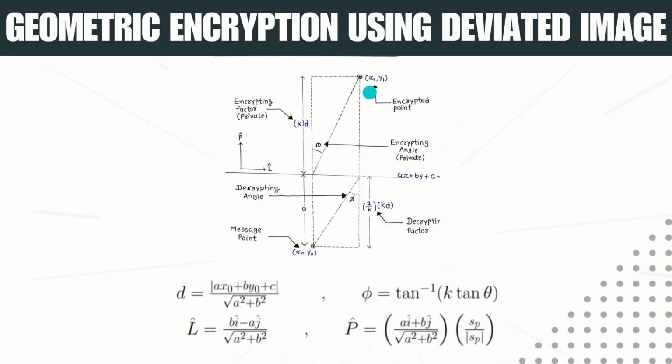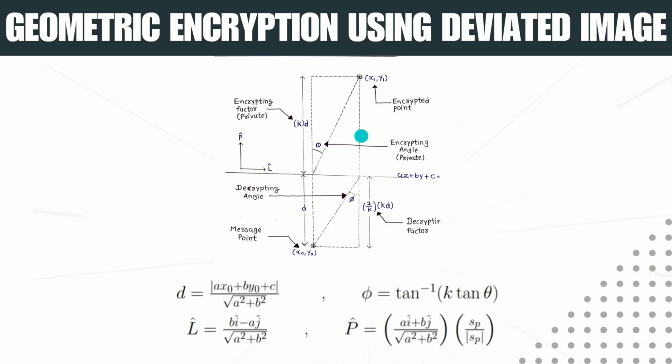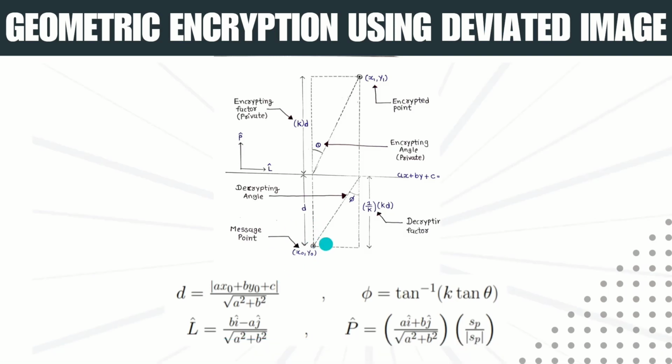If he puts that image point in the encrypting function, it would produce an image at k times the distance and at angle theta, which would be lying somewhere around here, and that won't be our answer, right? So it cannot reach the message point. That's the catch.